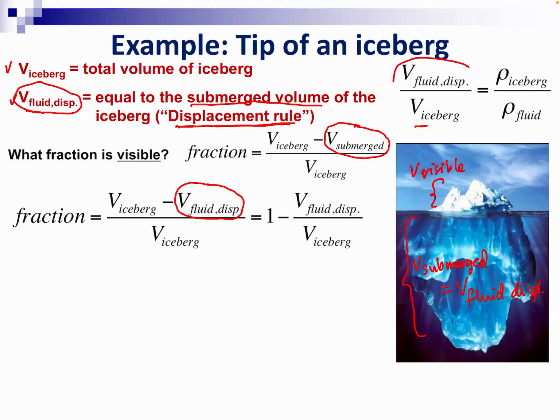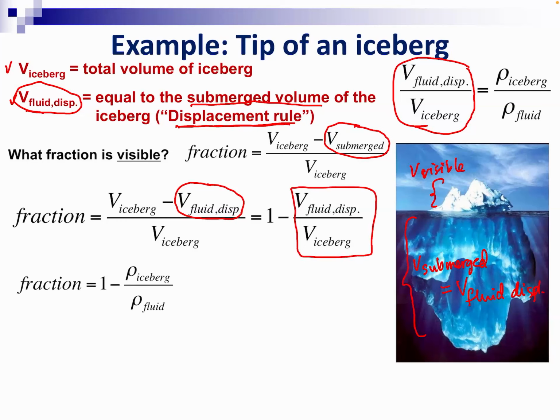Which then, going back to the equation we've derived earlier, this whole bit can be expressed in terms of the densities, right? Volume of the fluid displaced over V iceberg is also equal to the ratio of the densities of the iceberg and the fluid. Okay.